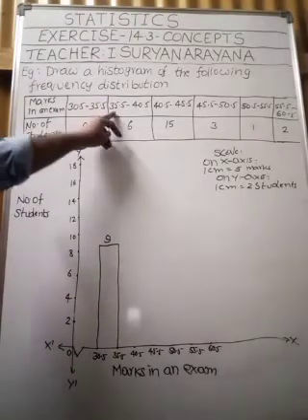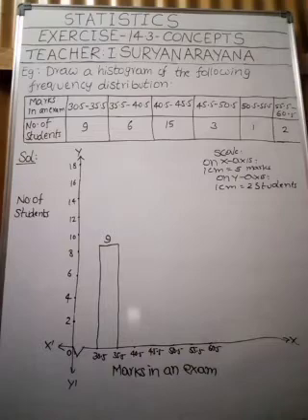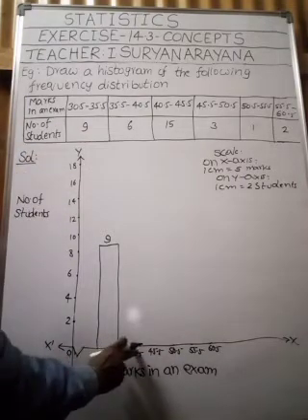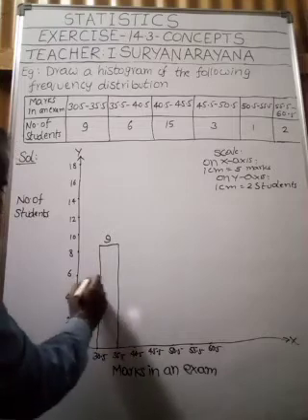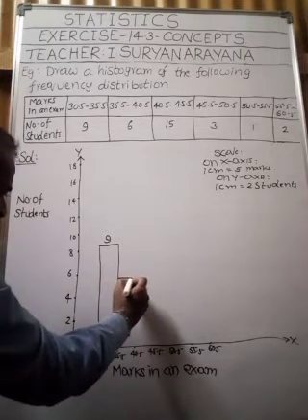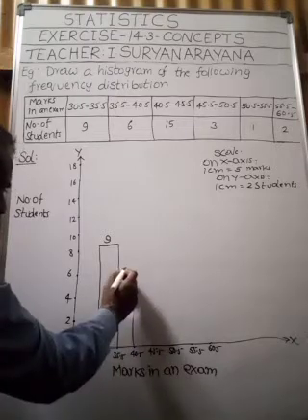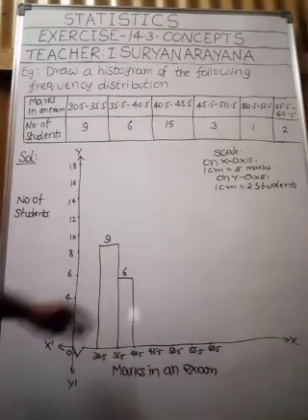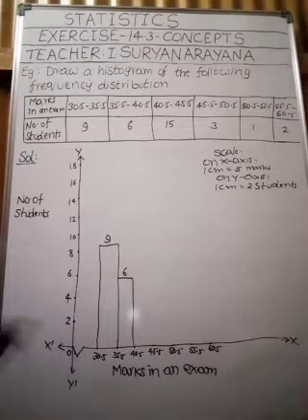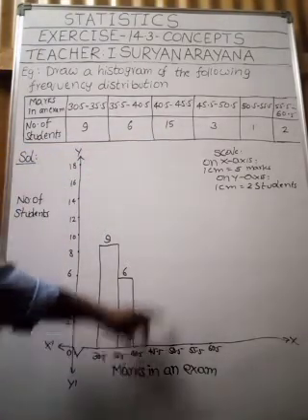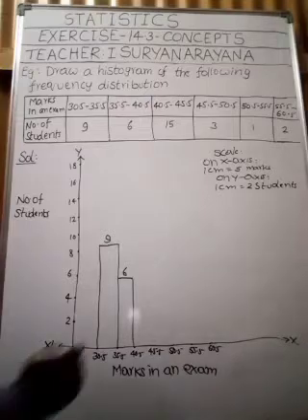Next, 35.5 to 40.5. How many students are there? 6 students. Understood this point, my children? Right. Next, 40.5 to 45.5, 15 students.